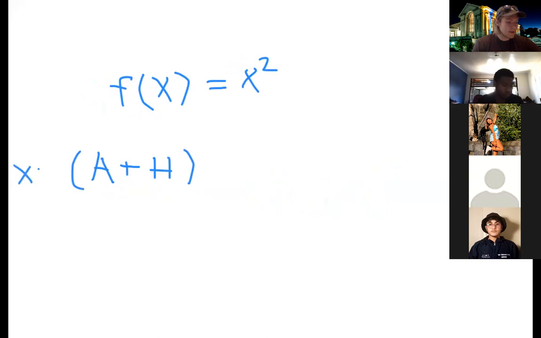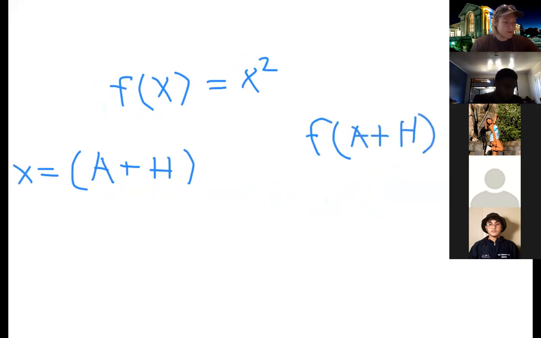I'll put brackets around this. x is equal to a plus h. Now, f of a plus h, all we're doing is plugging in for x everywhere there's an x, and we see that this is just a plus h squared. Sorry, that's a little bit not clear, but hopefully you can see my thought process.